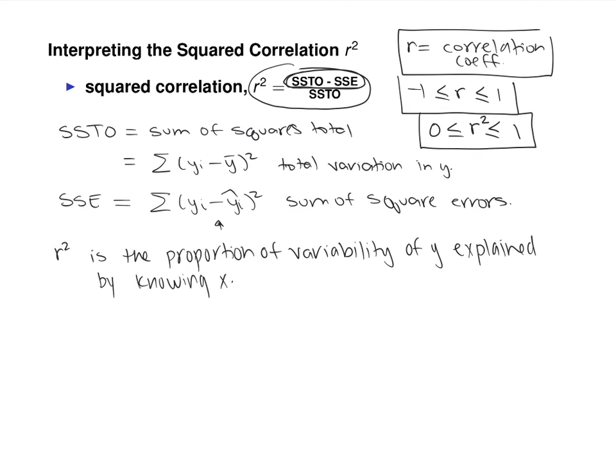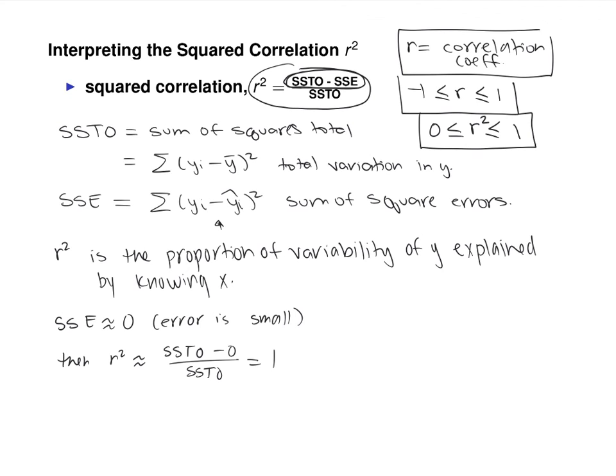Another thing to observe is that if SSE is about equal to 0, meaning you have very, very little error, then r squared is going to be really close to SSTO minus 0 over SSTO, which is 1, meaning you have a pretty close to perfect relationship.